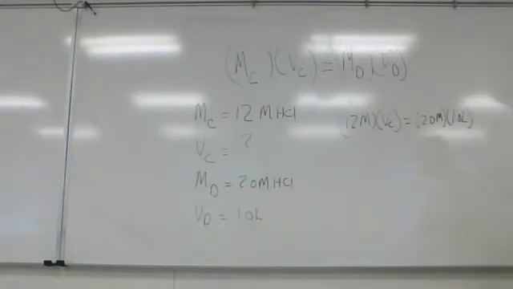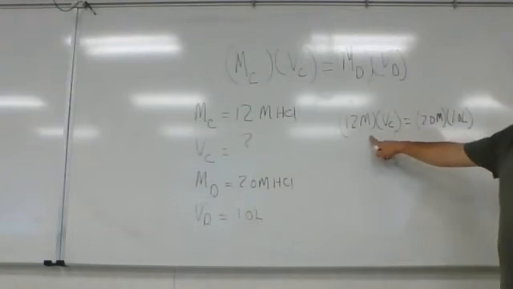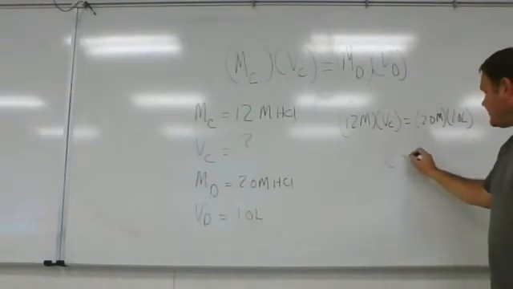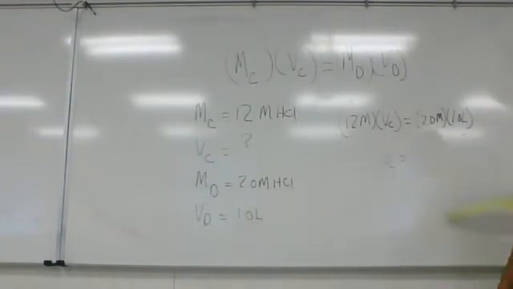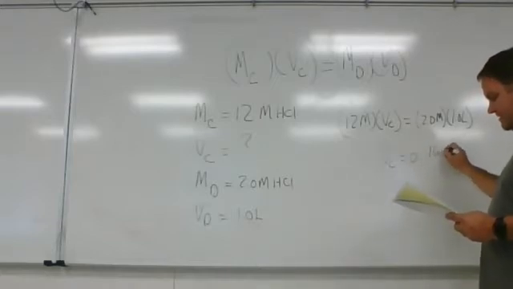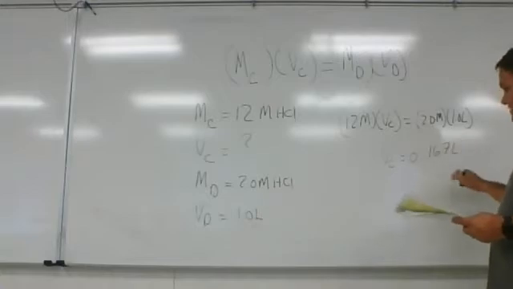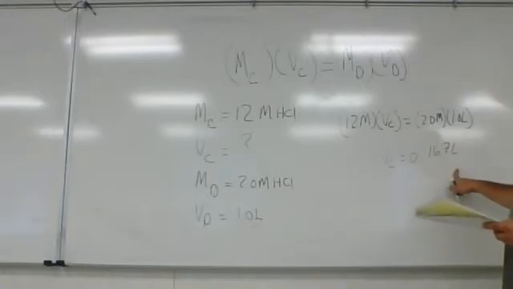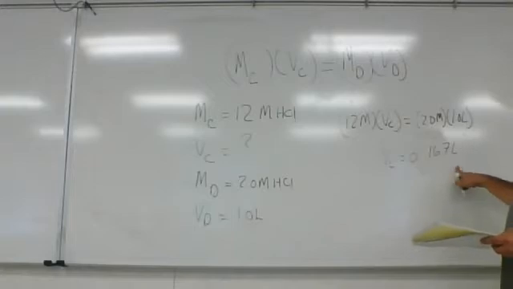So there's the setup. Then I just multiply and divide by the 12, and that will give me the volume of the concentrate, which happens to be, as I calculated, 0.167 liters. But I'm going to go ahead and convert that into milliliters because that's really what I'm going to be measuring out.